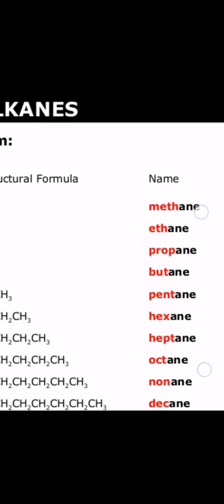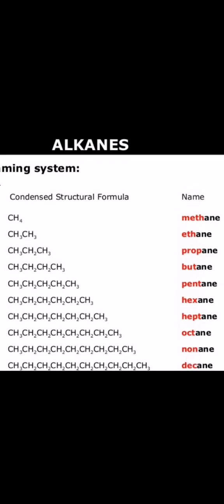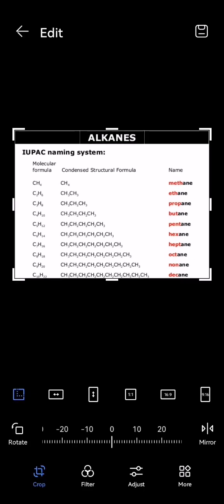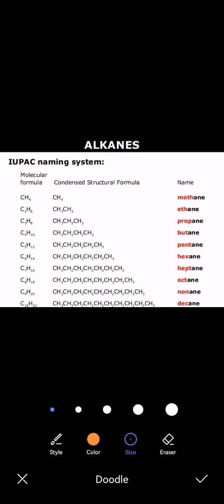So basically, let's look at it like this. If you look at the condensed structural formula here, you're going to see that if we have one carbon, we have meth at the beginning. If we have 2 carbons, we have eth. If we have 3 carbons, that's prop.